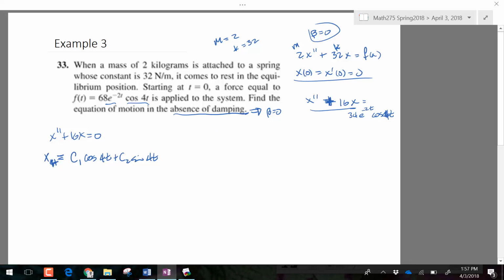And then we can figure out c sub 1 and c sub 2. That's going to be 0. The homogeneous portion is just going to be 0.